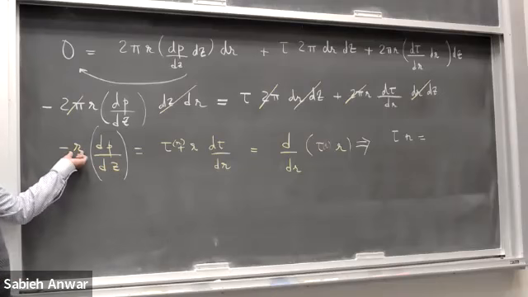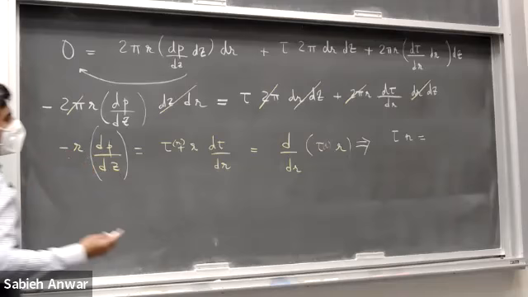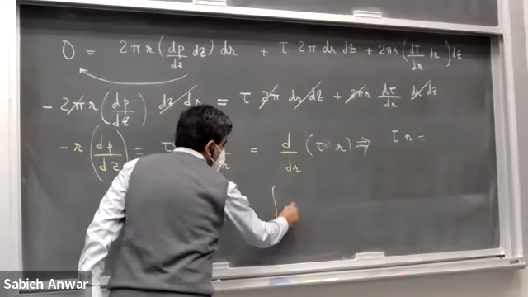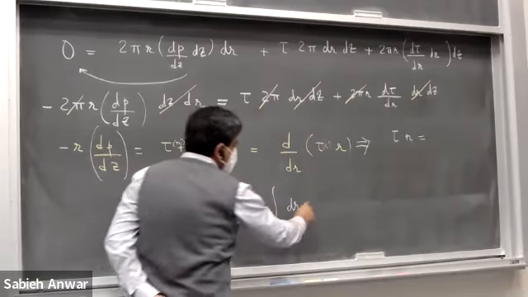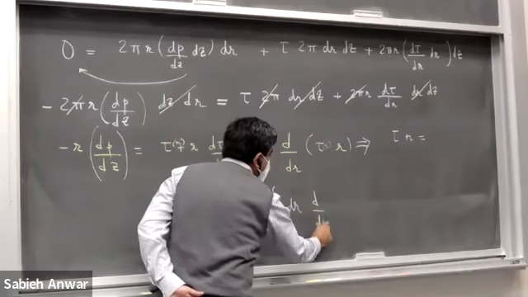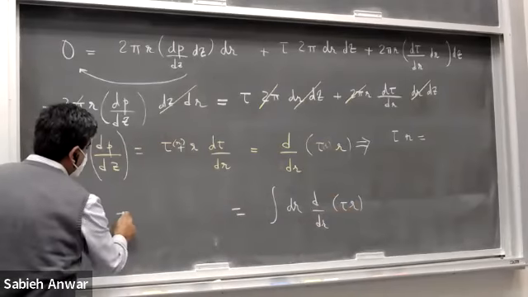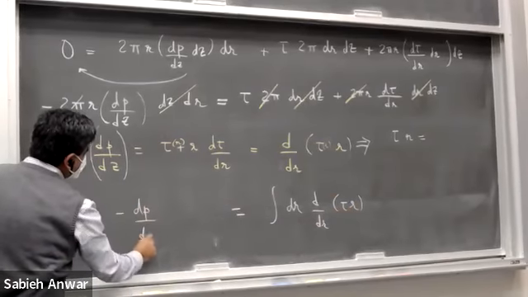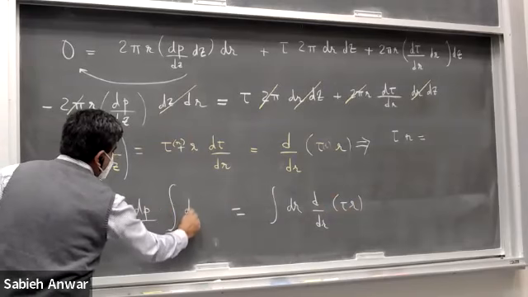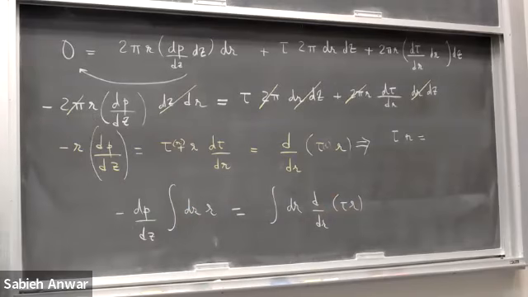Now this is a variable. You're integrating with respect to this variable, right? So what you're really doing, if you want to do this step, integrate with respect to r, the right hand side, tau r, and here you have minus dp over dz. This goes outside the integral. This is what you're going to do.